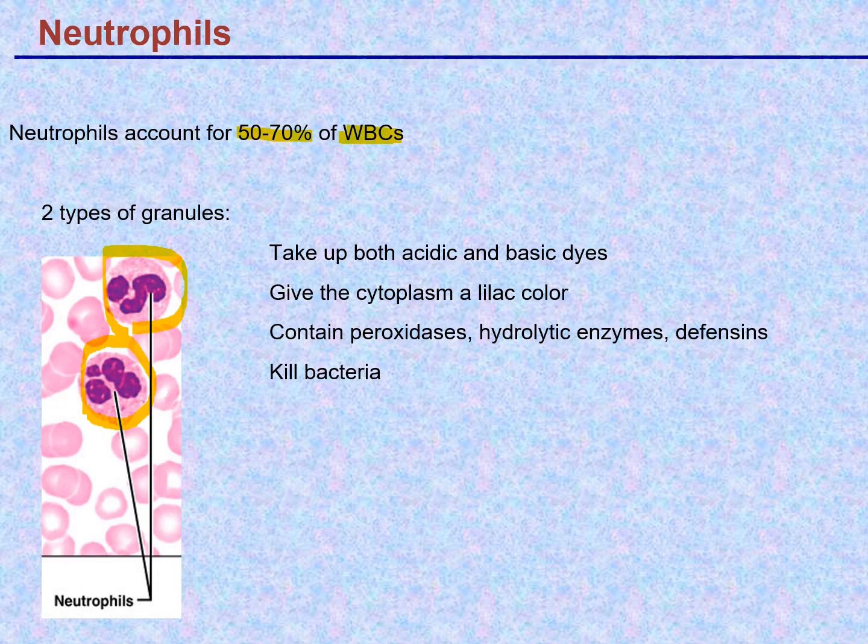These are highly phagocytic cells, so it phagocytoses and kills the bacteria using these enzymes to generate oxygen radicals. It'll break down whatever it phagocytoses because in the granules you also have hydrolytic enzymes. Defensins are antibacterial proteins that actually work quite effectively at killing off bacteria also.